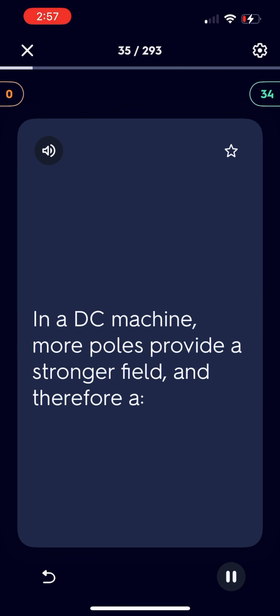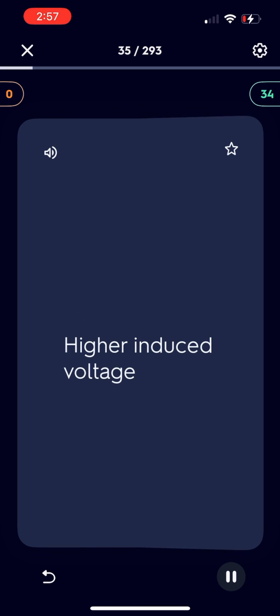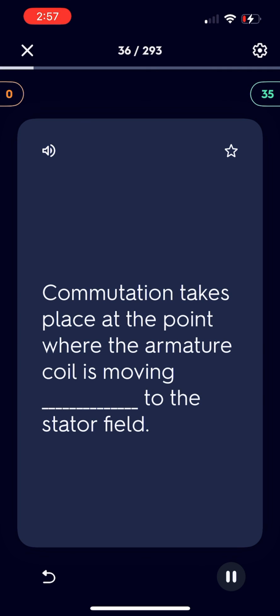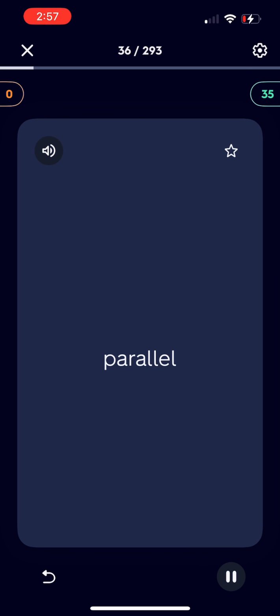In a DC machine, more poles provide a stronger field, and therefore a higher induced voltage. Commutation takes place at the point where the armature coil is moving parallel to the stator field.